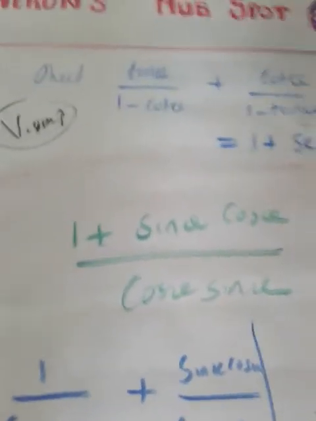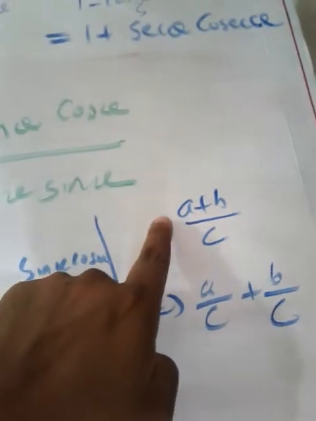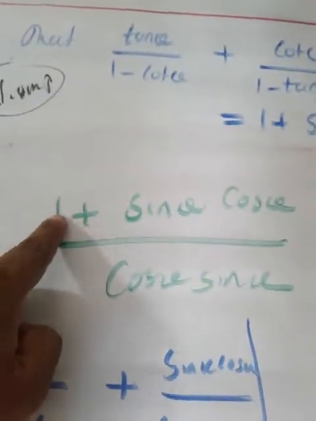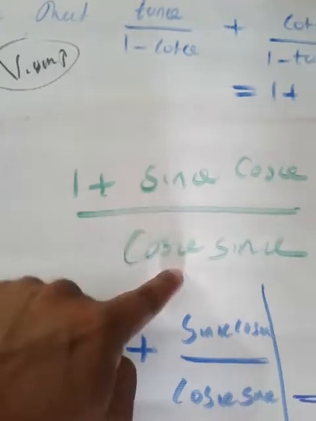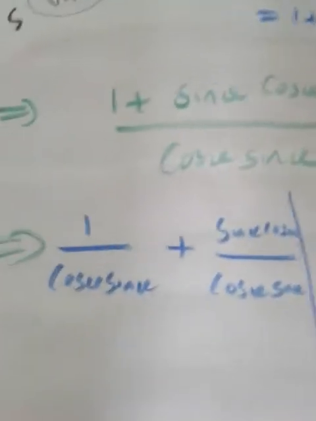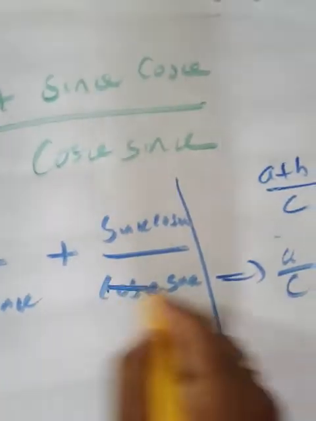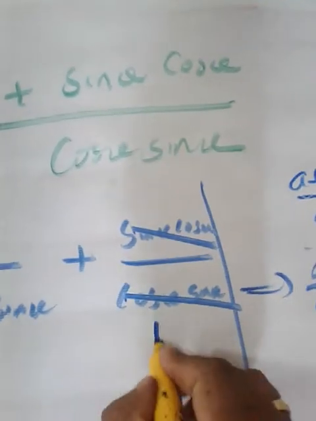See how I am separating a plus b by c as a by c plus b by c. Same way I can express this plus this by this as this by this plus this by this. Now you see, here the second term will get cancelled.